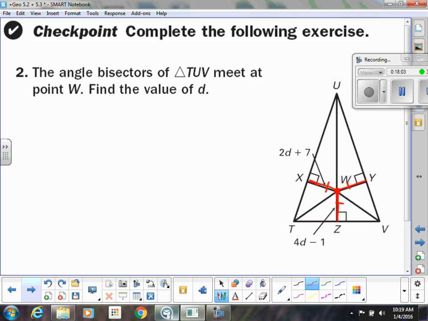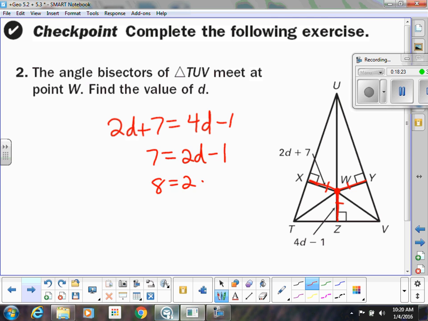My setup should be 2D plus 7 equals 4D minus 1. If we solve that, subtract the 2D, add the 1, we get D equals 4. Is that what they wanted us to find? Yes. So we're finished with that one.